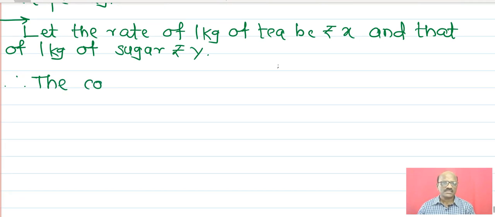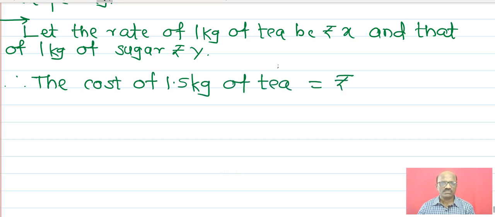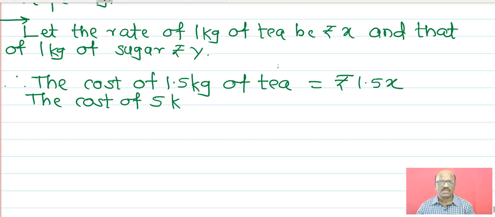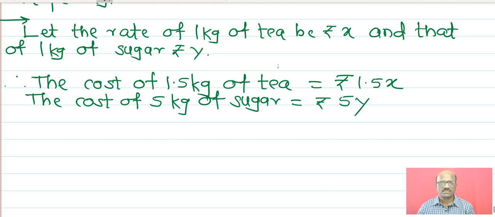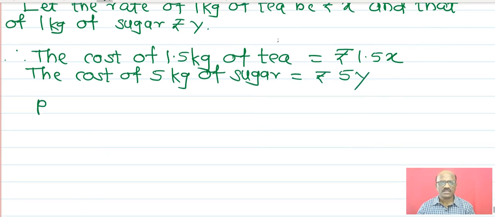Now in the first case, the cost of 1.5 kg of the tea is rupees 1.5x, and the cost of 5 kg of sugar is equal to 5y.